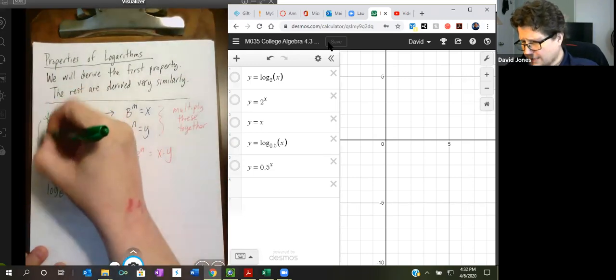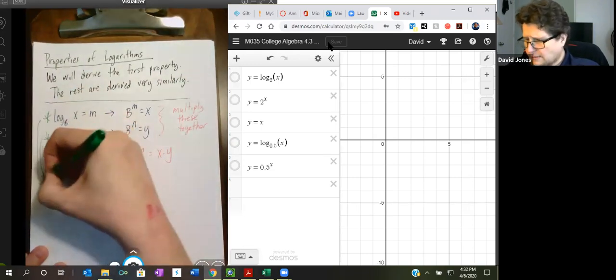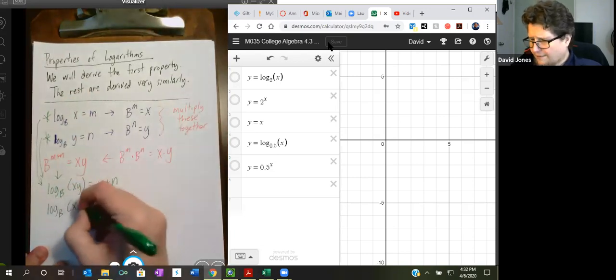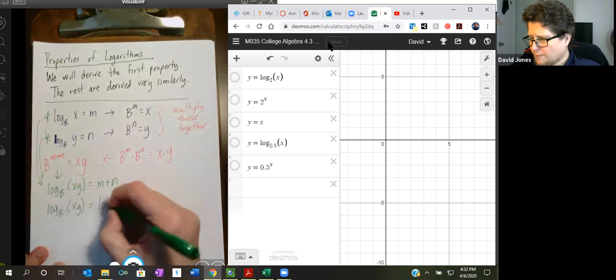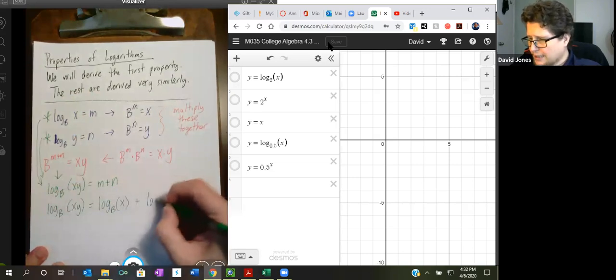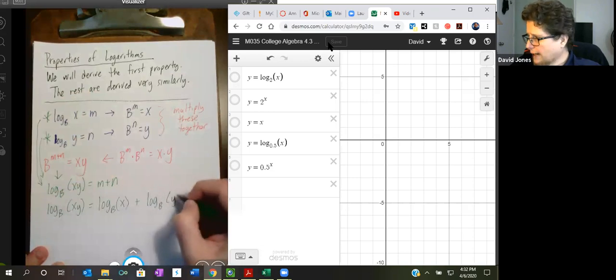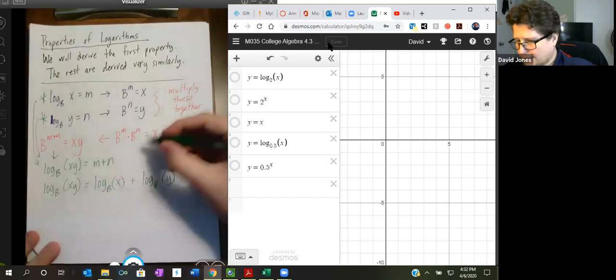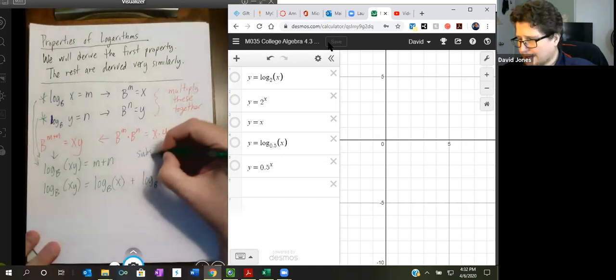Let's bring those down. We get log base b of xy equals log base b of x plus log base b of y. That's where we substitute in on the right-hand side.